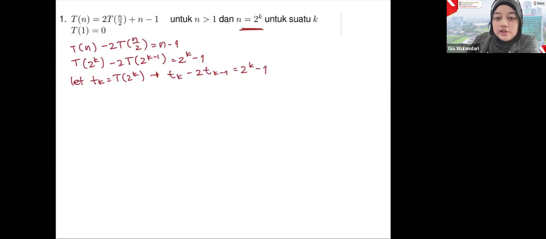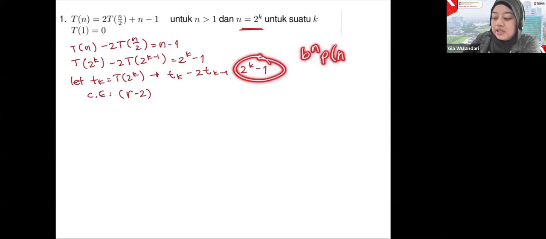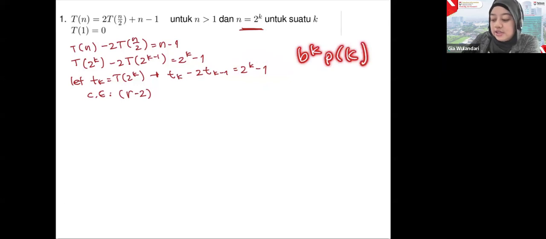So this is a non-homogeneous linear recurrence relation, where from the left hand side we have r minus 2, and then from the right hand side, remember what I told you before, here we have two terms of b^n p(n), or in this case it is b^k p(k). Yeah, so we have two terms. This is the first term and this is the second term.